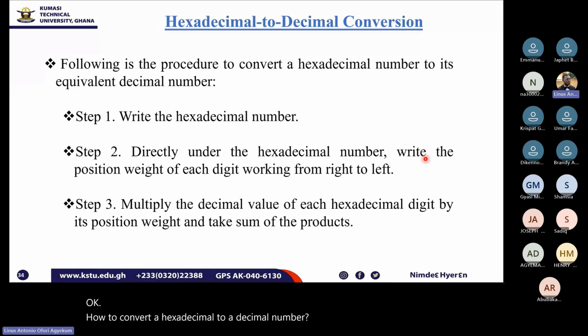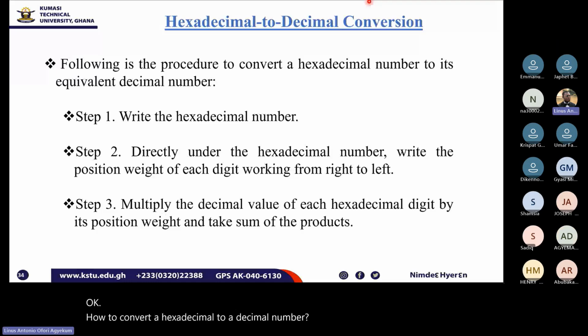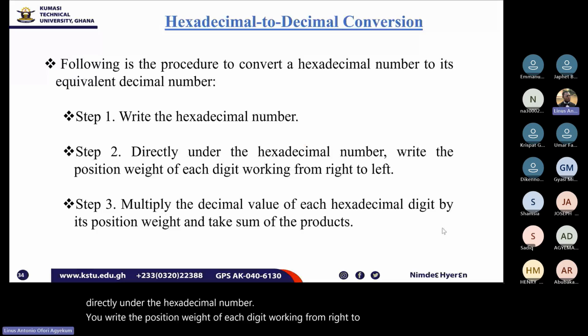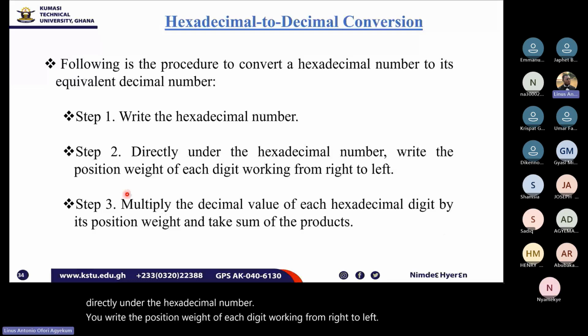What happens here is that you write the hexadecimal number, then directly under the hexadecimal number, you write the position weight of each digit, working from right to left. And then you multiply the decimal values of each hexadecimal digit by its position weight and take the sum of the products, like we did for binary and decimal.